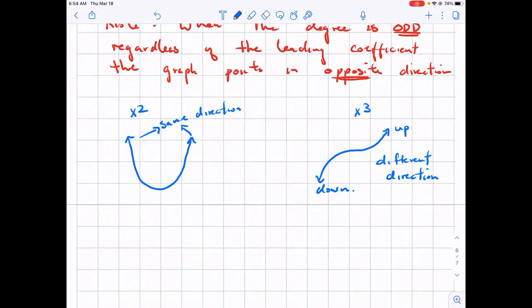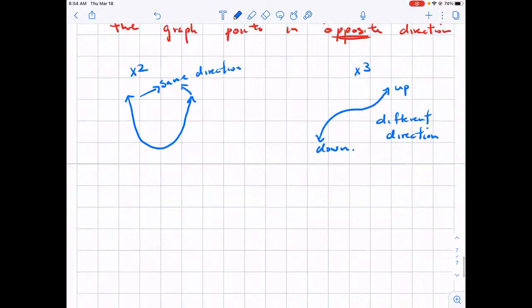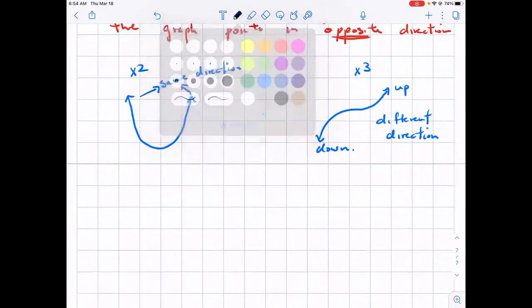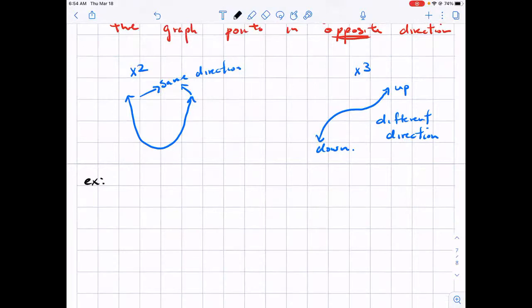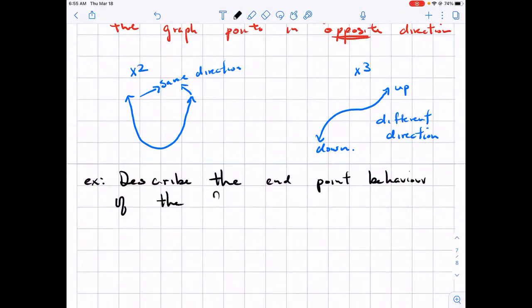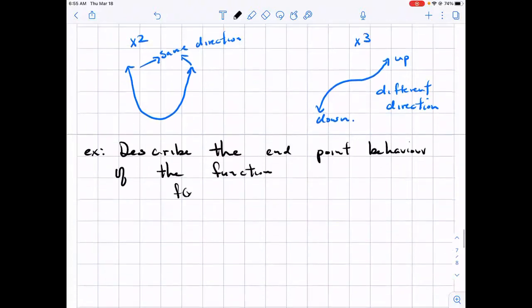So if I give you an example: describe the endpoint behavior of the function f of x equals minus x cubed plus 4x.